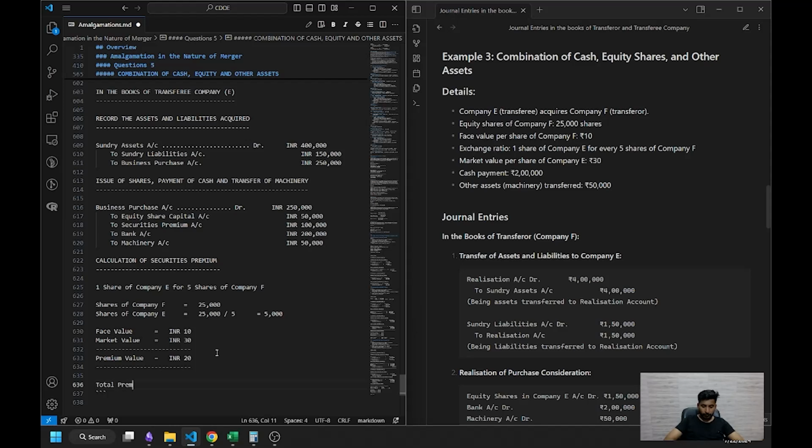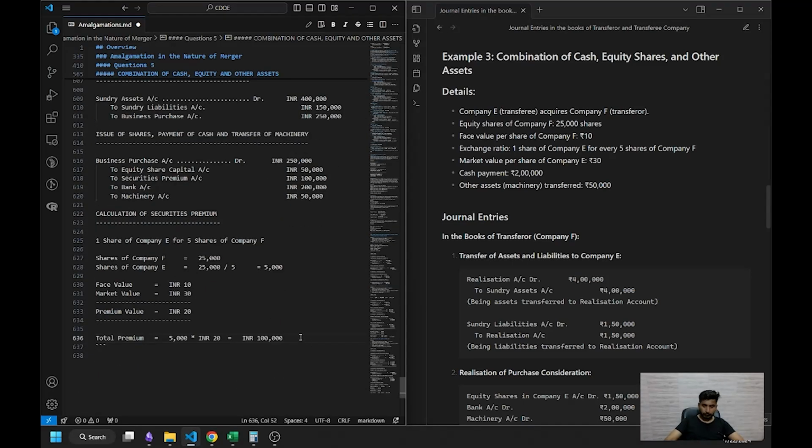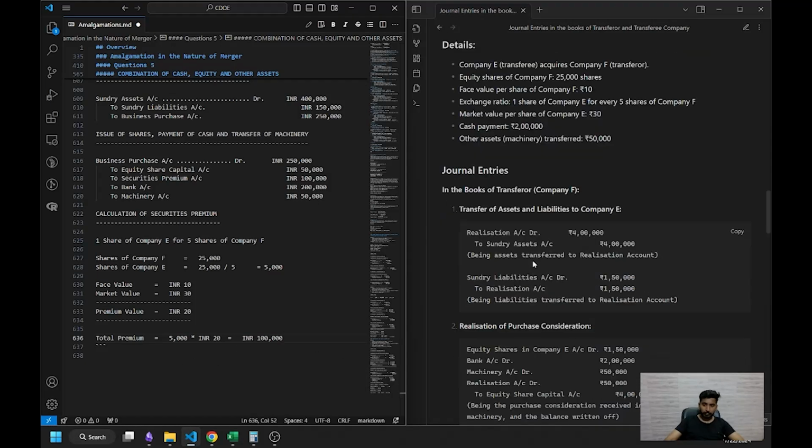Hence, total premium will be equal to 5,000 multiplied by 20. That will be rupees 1 lakh. And this is pretty much it. This is how this value of rupees 1 lakh has come.